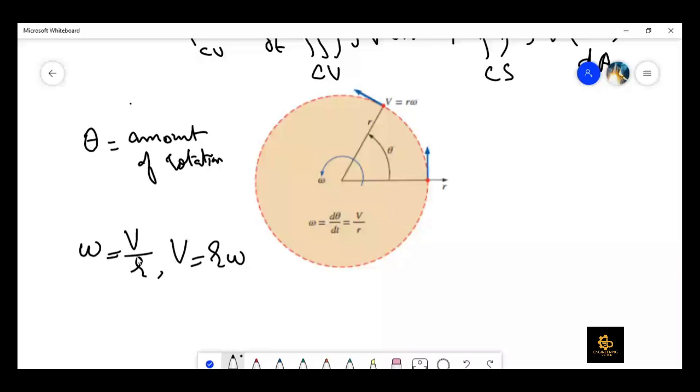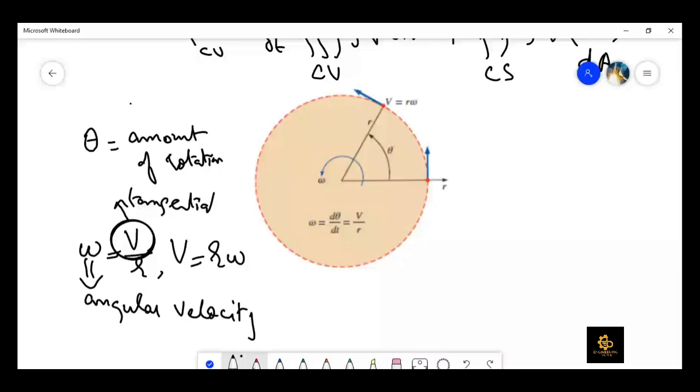This is angular velocity, and v is the tangential velocity, which is shown here. Tangential velocity of the point at a radius r. So I hope that these things are clear to you from your basic knowledge of statics and dynamics. So we are just revising it.